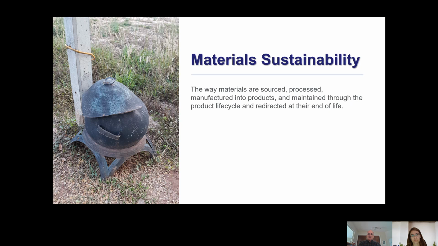Material sustainability. As we get more specific about material sustainability, it's really the way materials are sourced, processed, manufactured into products, and then maintained through the product life cycle and potentially, hopefully, redirected at their end of life. This is an example. You may be wondering what this picture is.